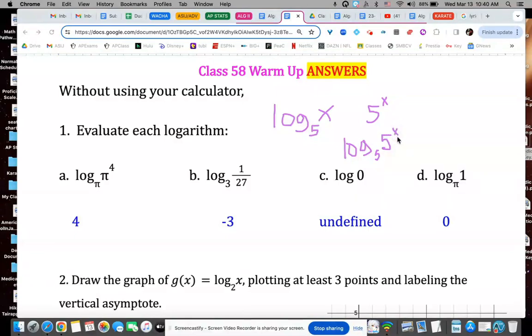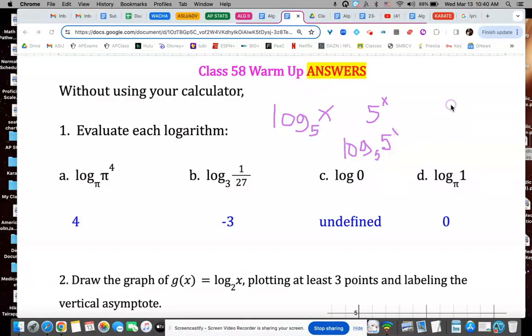And I ask myself, what power do I need? 5 to what power equals 5 to the x? Well, again, it's just going to be x. Those are inverses of each other because they have that same base, a log base 5 with a base 5 on my exponential. So that's how inverses work.